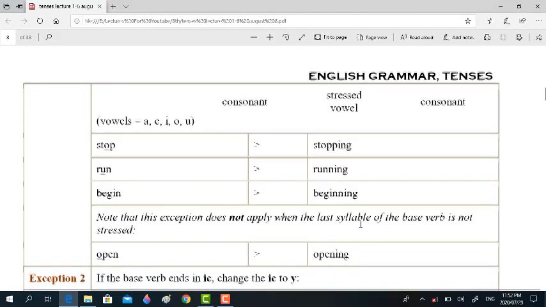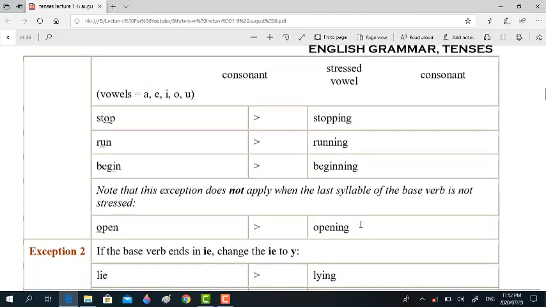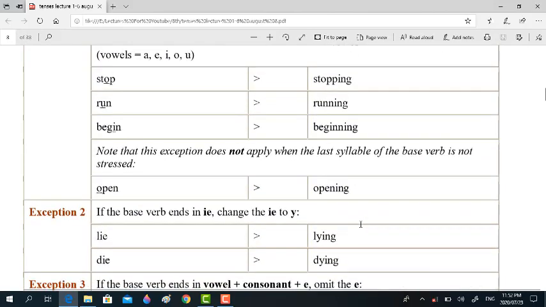Note that this exception does not apply when the last syllable of the base verb is not stressed. It is also important that the last consonant should be stressed, right?